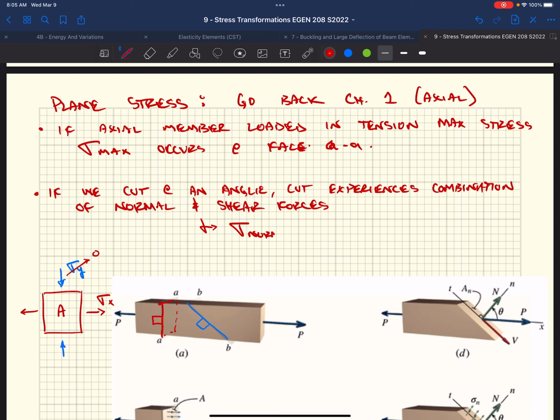That would be our normal stress, and our shear stress, right? Sigma and tau.